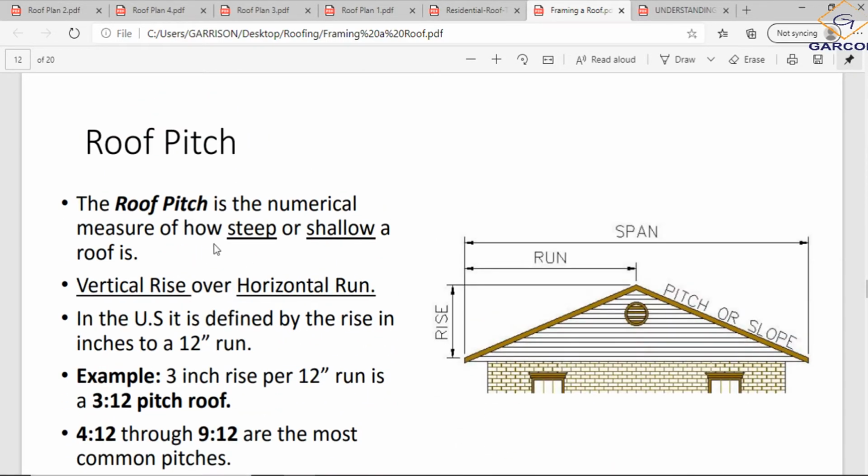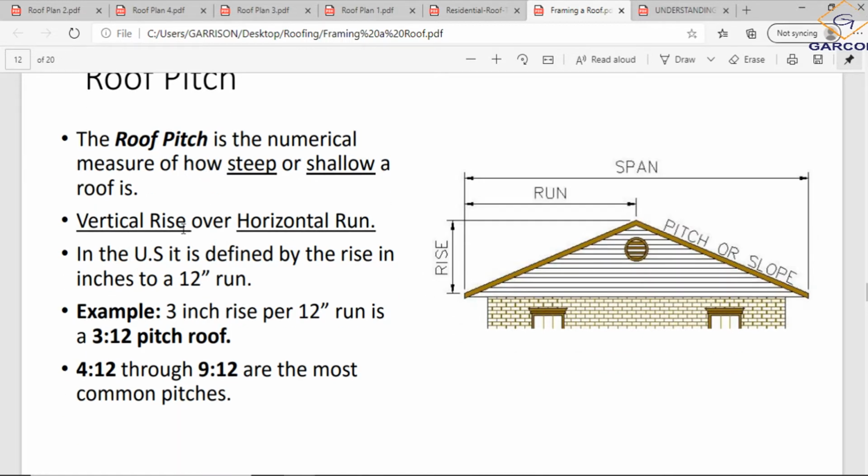Roof pitch. The roof pitch is the numerical measure of how steep or shallow a roof is. So the pitch depends on how steep or how low the roof is, or how high it is. It is the vertical rise over horizontal run, so height over width or length. That's what the pitch represents.